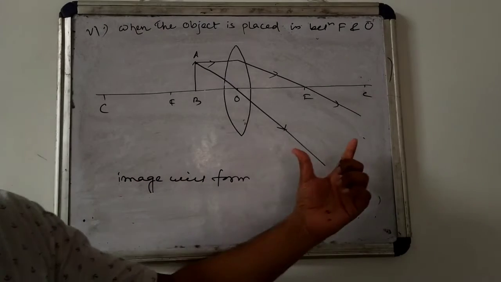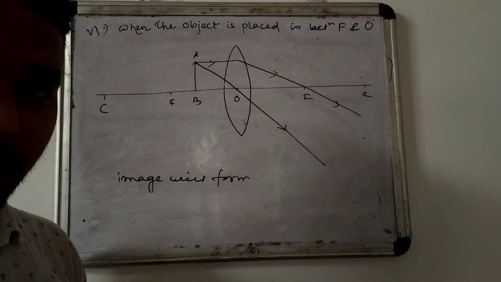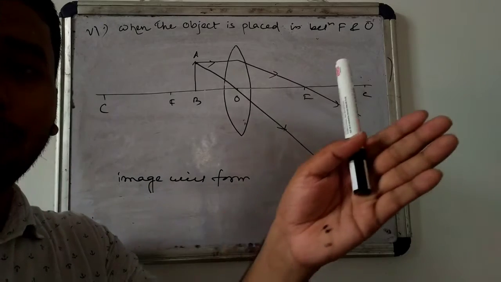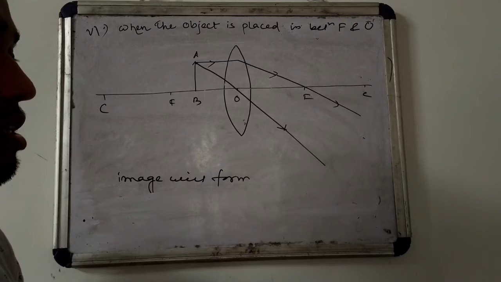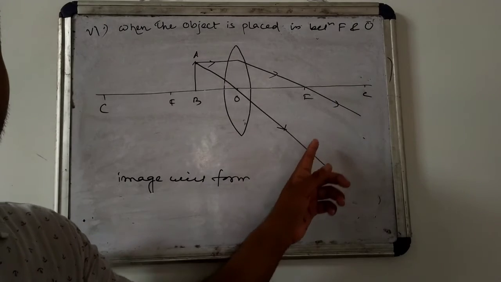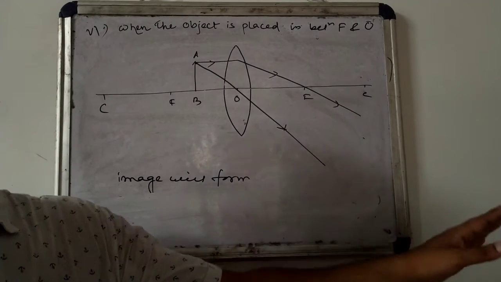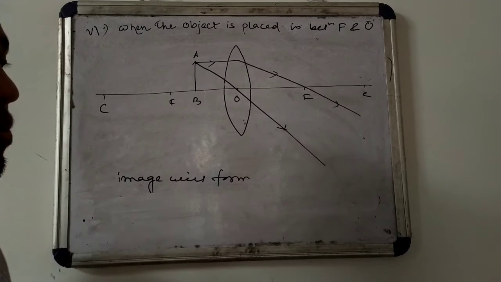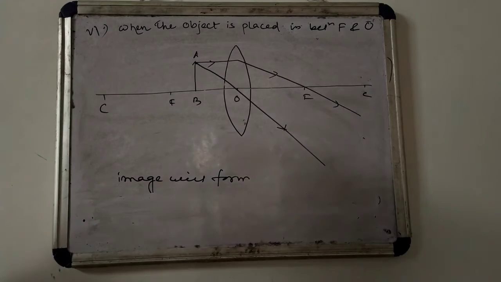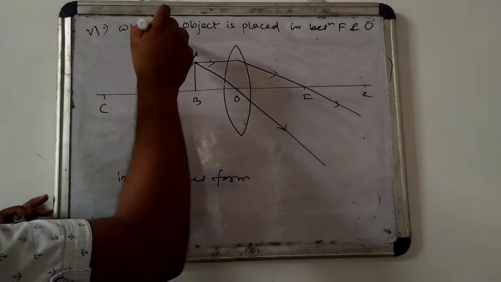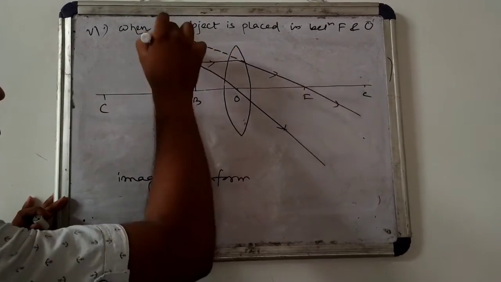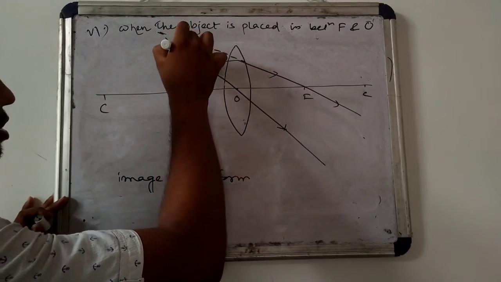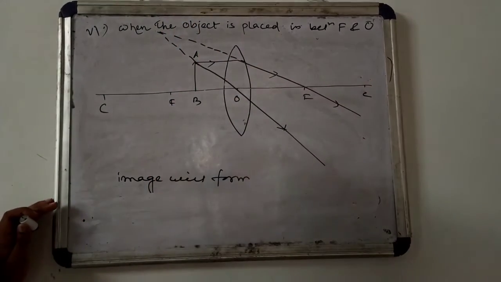So as we can see, these two refracted rays are deviated from each other, moving away from each other. So there is no possibility that these two refracted rays will meet at this side, because they are moving away from each other. That is why we will extend this refracted ray in the backward side, like this.